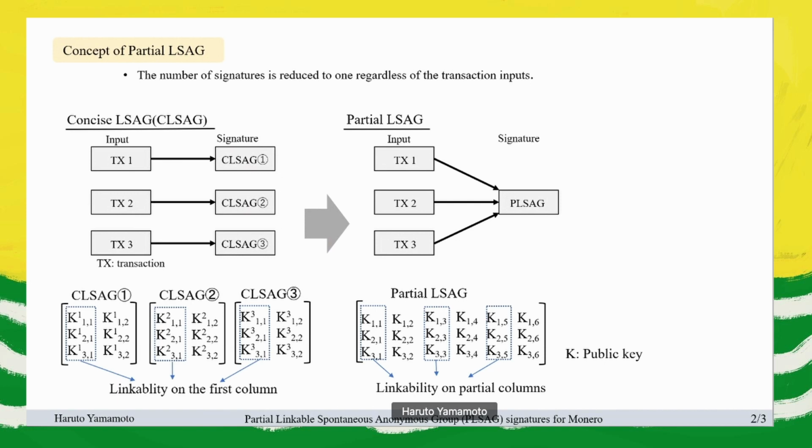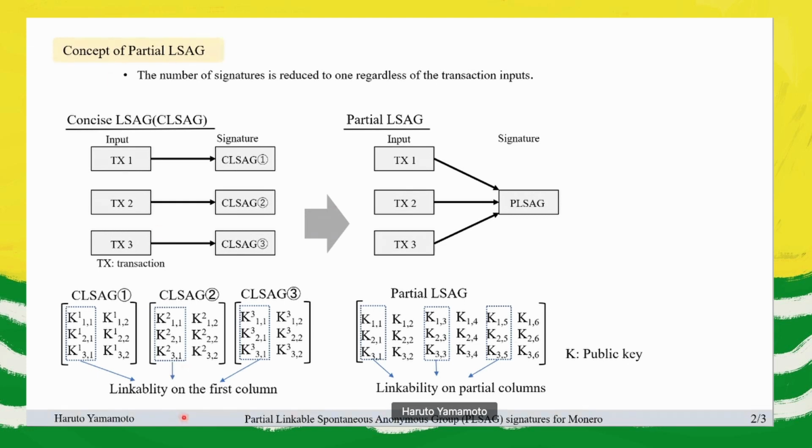It means each input requires 1 CLSAG signature in current Monero. To solve this problem, the concept of partial LSAG signature is to reduce the number of signatures to 1 regardless of the number of transaction inputs.